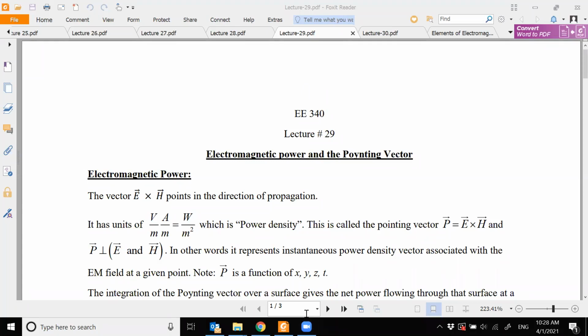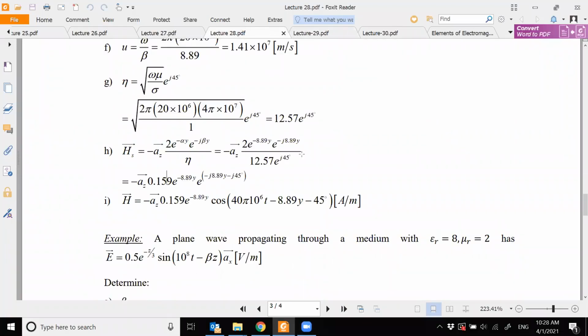And again, we did this in this example. If you compare this with our electric field E0, although it's a lossless case, we can still make a fair comparison because my electric field is a_x 2 e to the power minus 8.89y cosine of (40 pi 10 to the power of 6 t minus 8.89y).